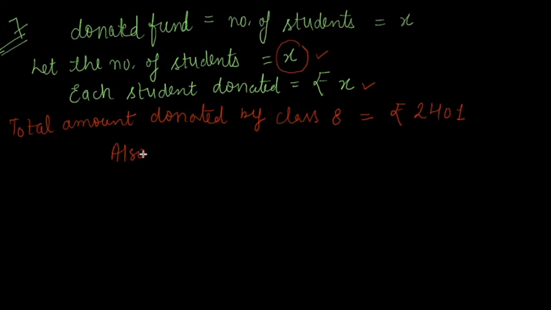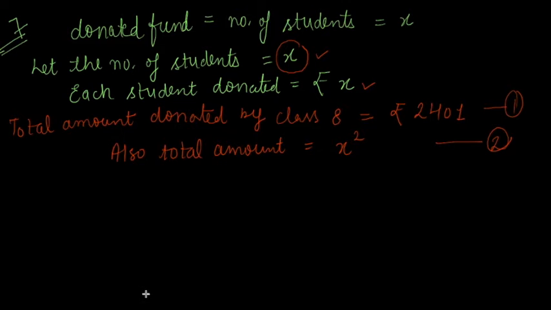Also, the total amount donated from the given information I can write is x square, right? Now can I equate equation 1 and equation 2? Since in both the equations we are writing the total amount donated by class 8 students in rupees. So hence I can write x square is equal to 2401, right? It means I have to calculate x, which gives me the square root of this number, right?